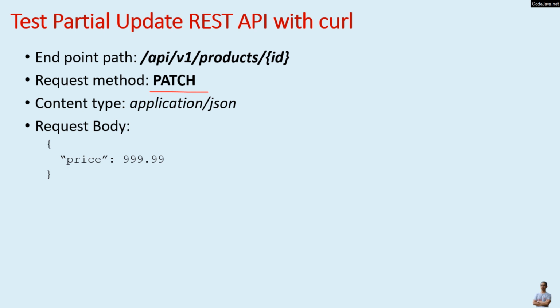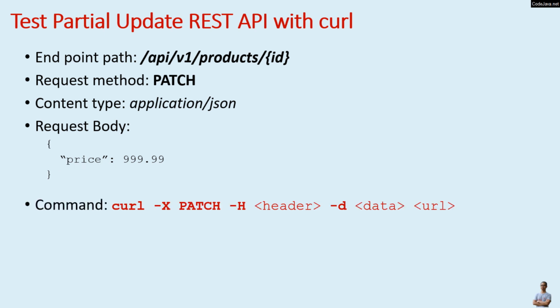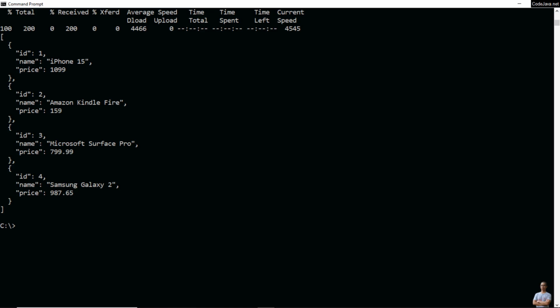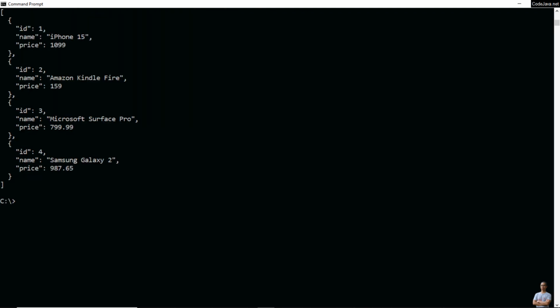And because it is a partial update, we can specify only the price of the product that needs to be updated. Okay, so we use the command like this, curl -X PATCH, and specify the header and data and URL. Okay, so I am going to update the price of the product ID 4, Samsung Galaxy, here.